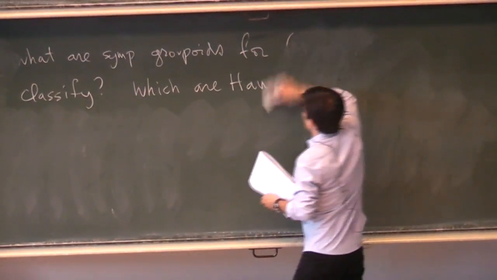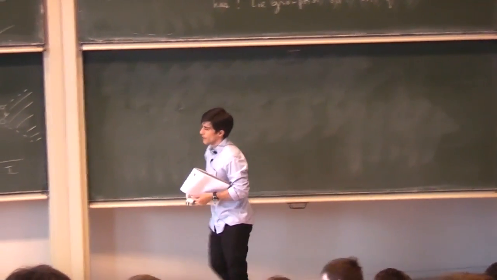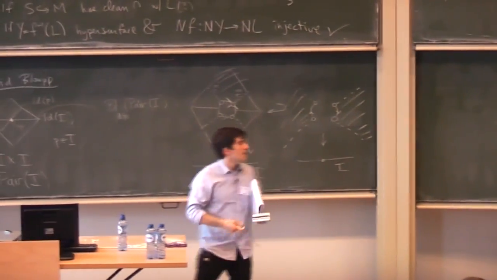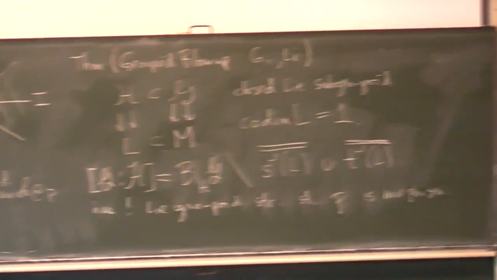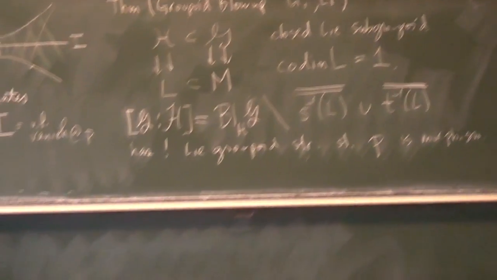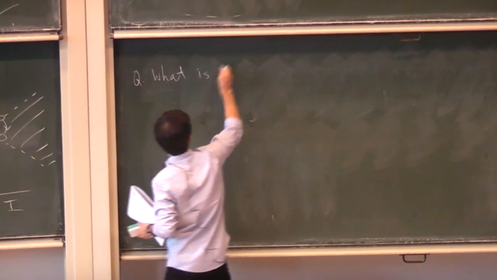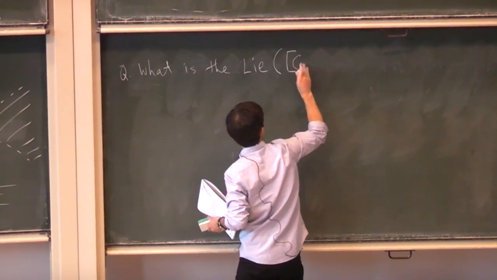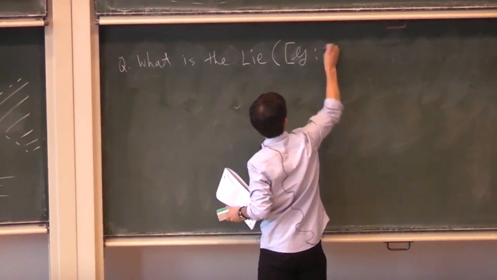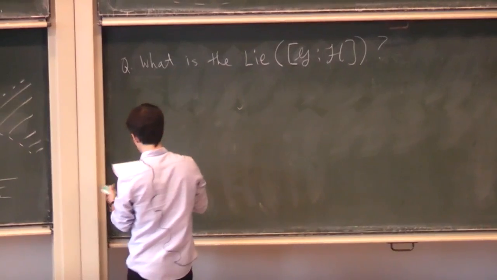But when you see something like this, there's a natural question that comes to mind, which is, if you can take a subgroupoid and blow it up and get a new Lie groupoid, then what is the Lie algebroid of that resulting groupoid? What is the Lie algebroid of G blown up in H?